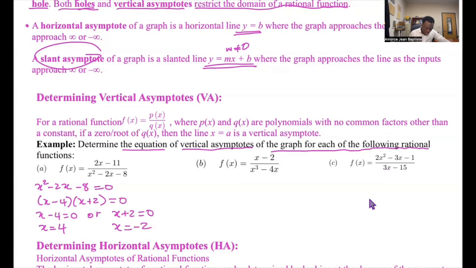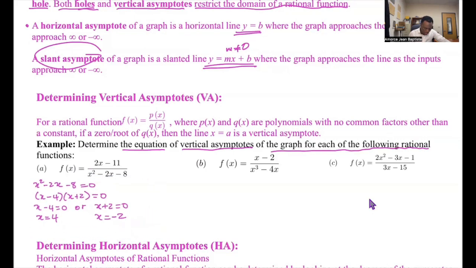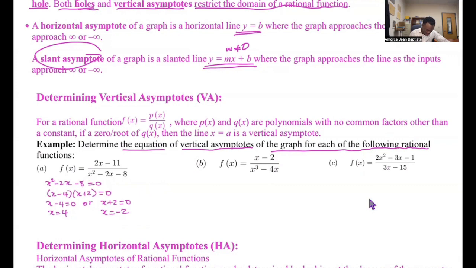So the vertical asymptotes are x equals 4 and x equals negative 2. Those are the equations of your vertical asymptotes.